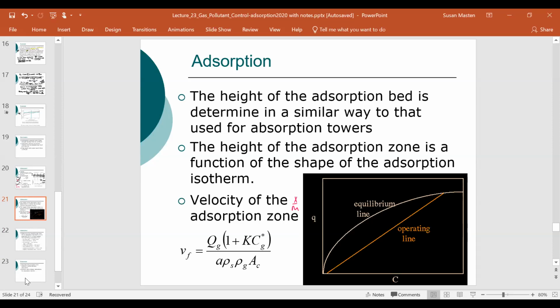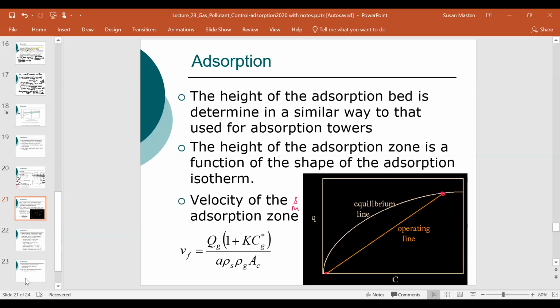And your operating line is based on your initial concentration, so what is in the influent gas or aqueous stream, and your effluent concentration. So what are you trying to achieve? The equilibrium line that's shown here is actually a Langmuir isotherm.